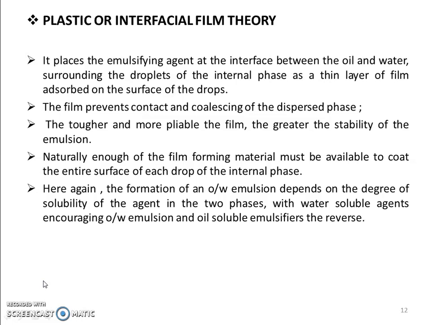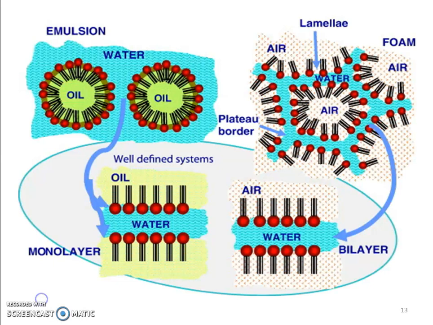A water soluble agent will produce an O/W emulsion, and an oil soluble emulsifier produces a W/O type of emulsion. So here is the example of an O/W type of emulsion. Oil droplets are surrounded by the emulsifying agent. Each droplet is surrounded by the emulsifying agent, so it forms a barrier and there will be no coalescence between the droplets.